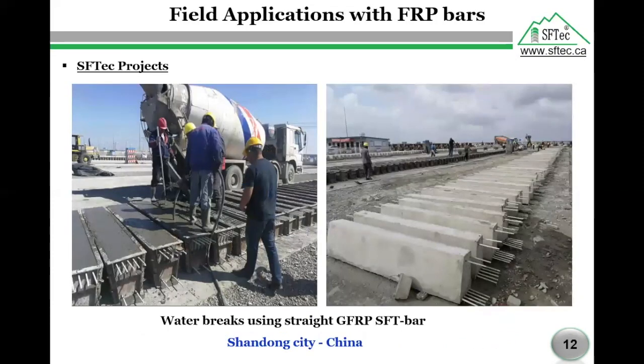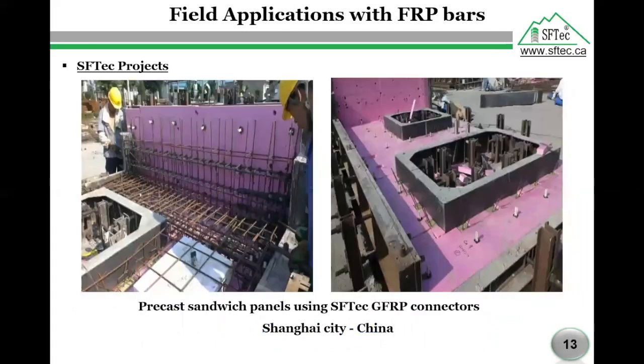Another application for cast water breaks using our GFRP bars. Finally, we have another great field application with our GFRP shear connectors in precast sandwich panels at one of IBM buildings.